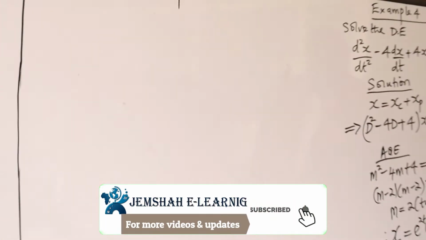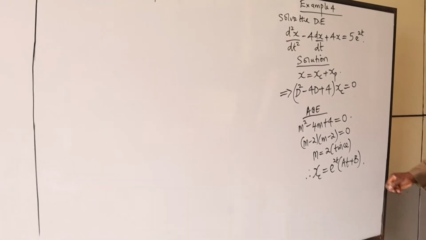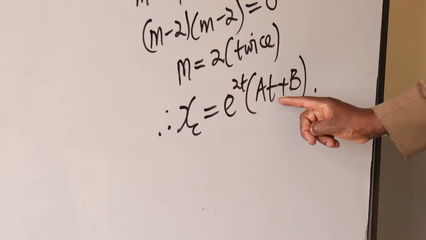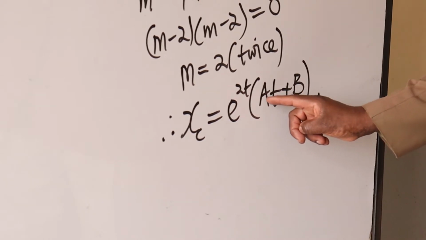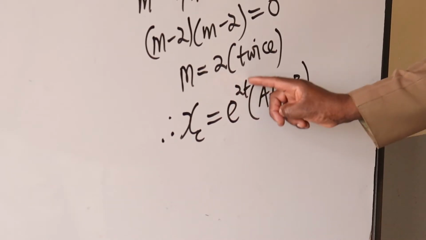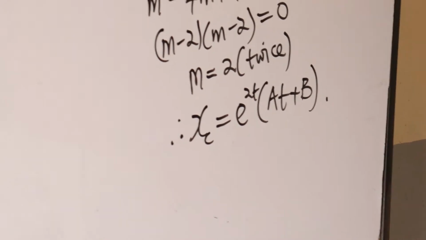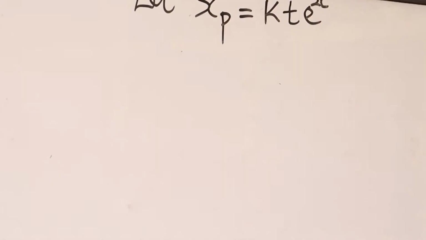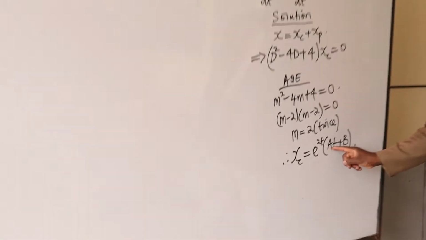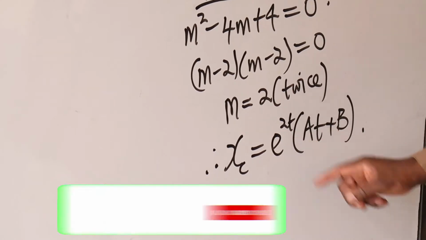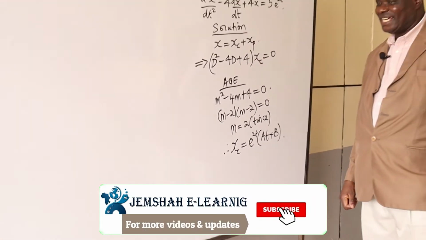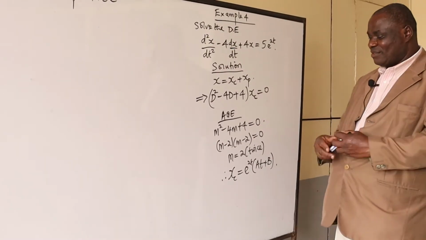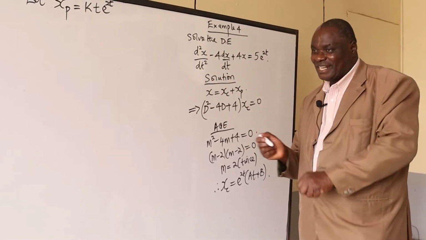Again we check if now we are safe. When we check here, exponential 2t multiplying at, this will be a multiplying t multiplying exponential 2t. It resembles that because that is k t exponential 2t, which is similar to at exponential 2t. So it is already contained here. So we deviate further from whatever is contained in our complementary function.